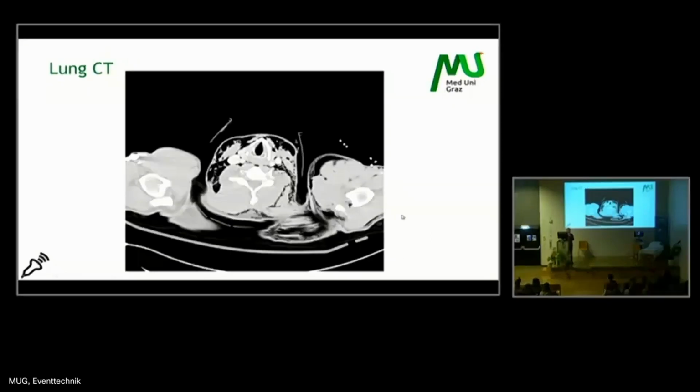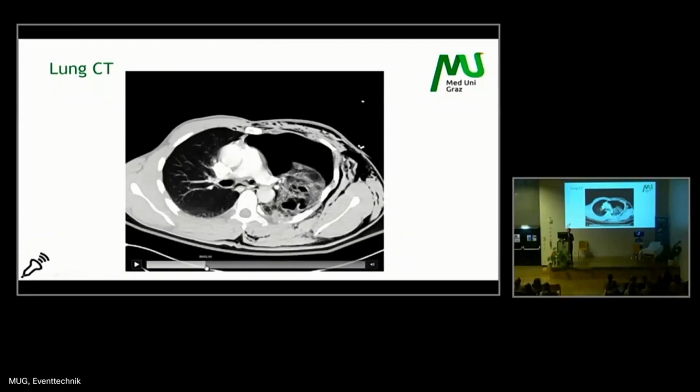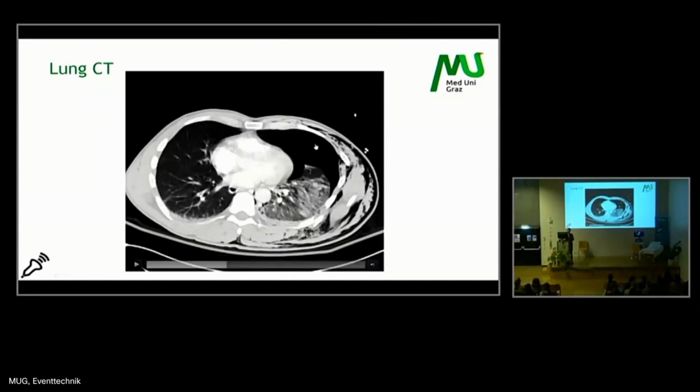But why couldn't we get a hold of the pleural view in eFAST? It was due to this. So he had a huge pneumothorax on the left side and he was having a lot of free air in his subcutaneous fat and between his muscles. So he had an emphysema, and this was causing huge artifacts because, as you can imagine, our ultrasound waves can't get through the free air in the subcutaneous fat.